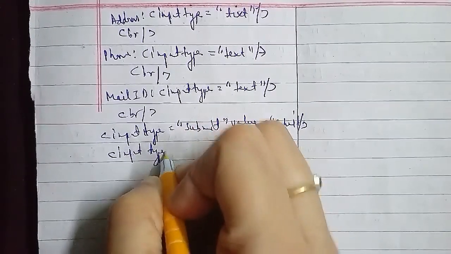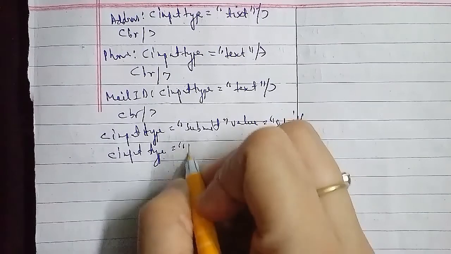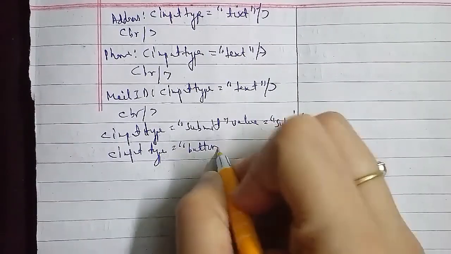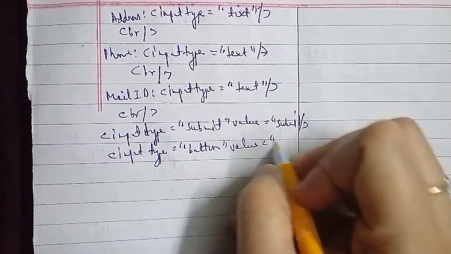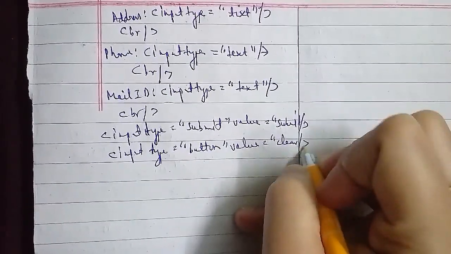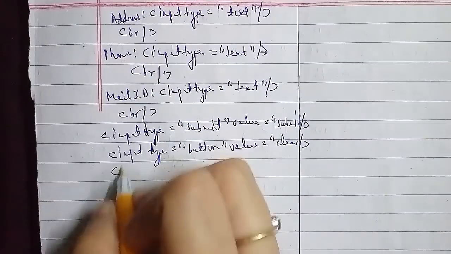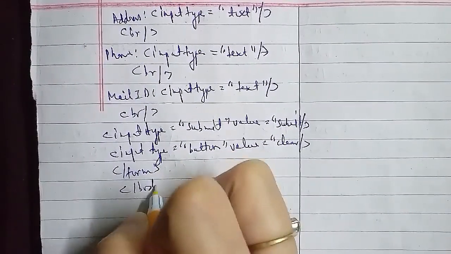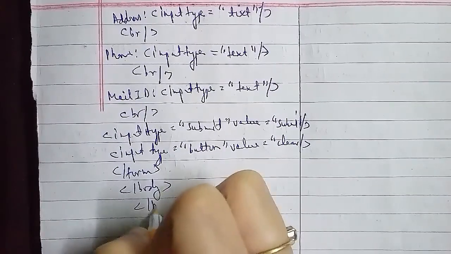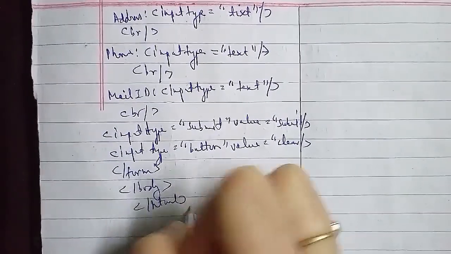The input type is text, and the value of the text field is written in the form of like that. That means a blank text field is displayed initially, and we can enter text of our choice into it. And there is the size parameter which allows us to set the size of the text field as well.